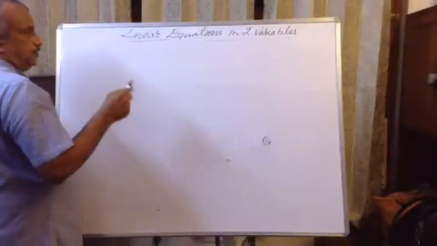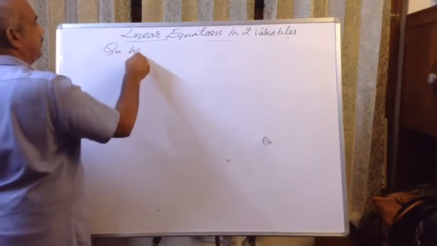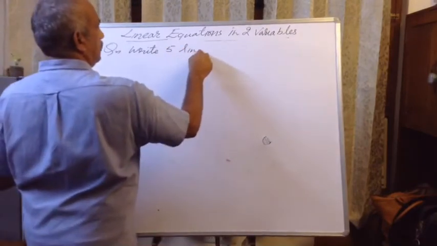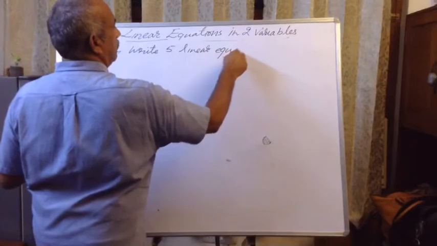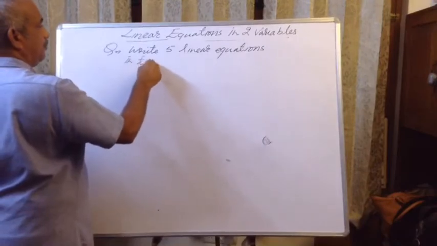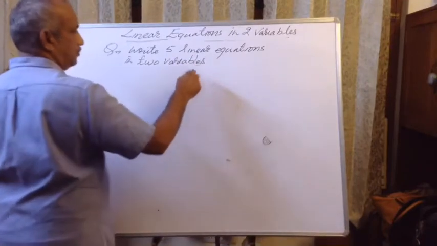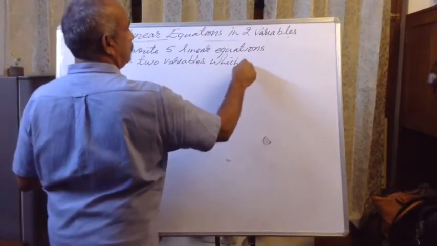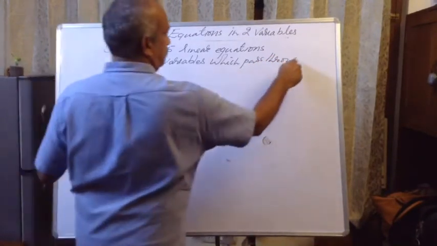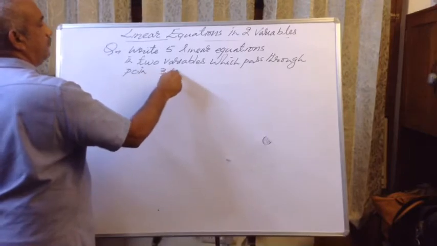Now we'll do one more type of question. See, the question is, write 5 linear equations in two variables which pass through the point 3, 4.